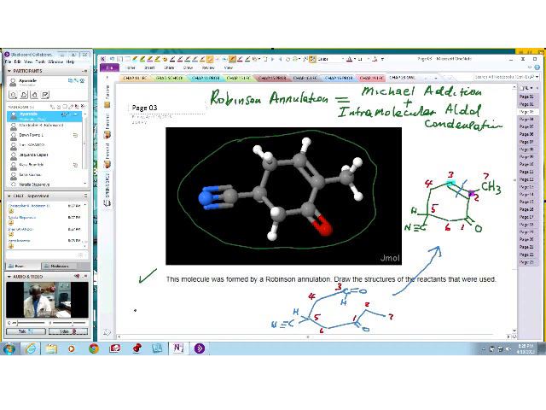Now, keep in mind that in the Michael addition, you need a nucleophile, and then you need an alpha-beta unsaturated carbonyl compound. For example, something like this. This hydrogen could be an alkyl group. So, in the Michael addition, you have a nucleophile just as we have here.